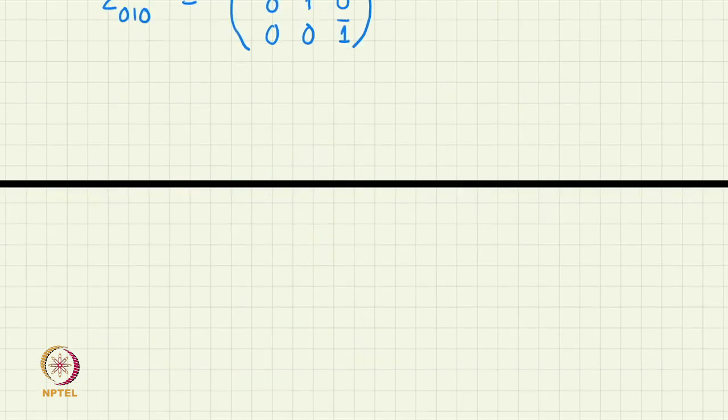Now let us try to see what is the resultant of the two-fold rotation about the z axis, 2 0 0 1, followed by the two-fold rotation about the x axis, 2 1 0 0.